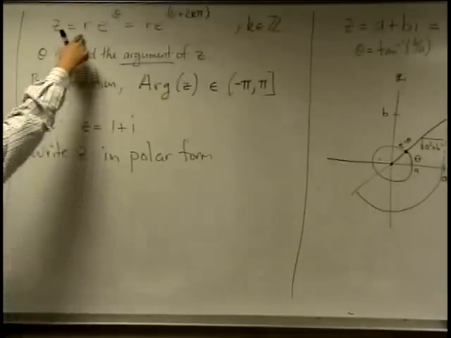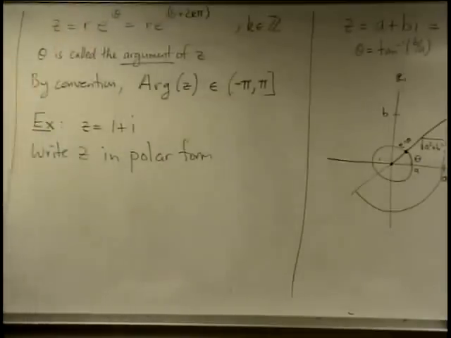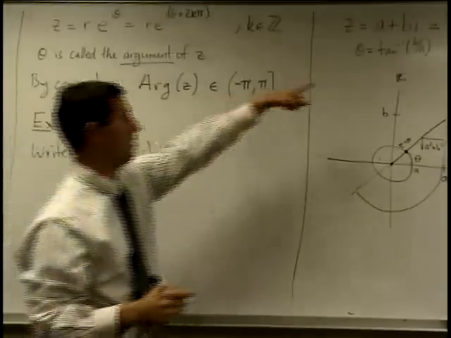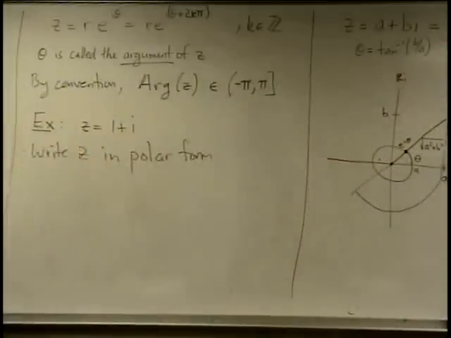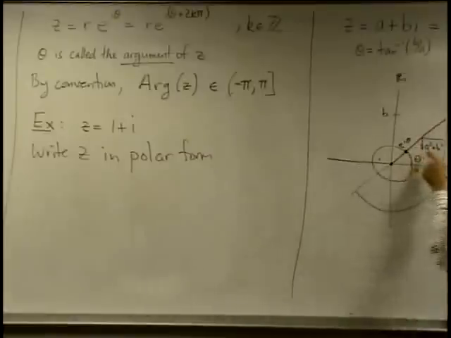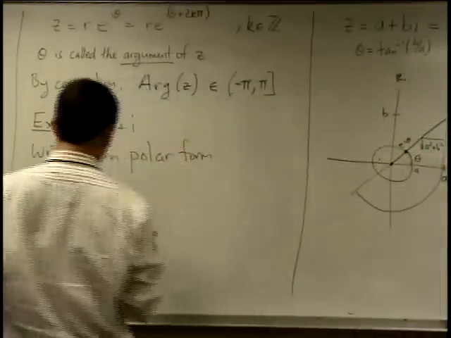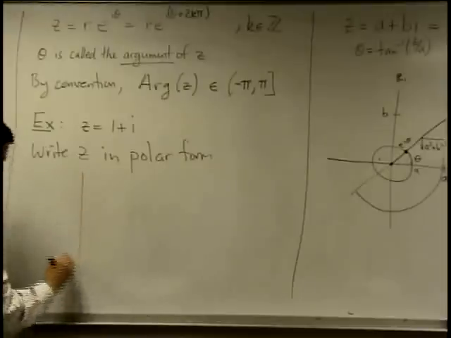So what's r? Well, r is the magnitude. That's how we always get it. So this r is the same as the magnitude of z. So what's the magnitude of 1 plus i? 2. No, radical 2. How do you get that? Well, it's the square root of 1 squared plus 1 squared, so square root of 2. Let's draw a quick picture.